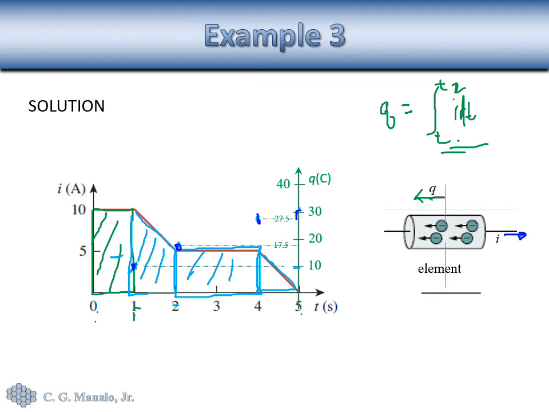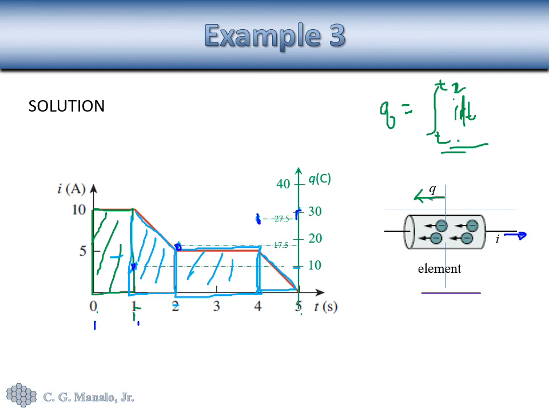Okay, so how do we plot this Q given these points that we have? So again, we observe the behavior of I. Let's say we start between 0 and 1 second. Here I is a constant. So that would simply mean that Q should be sloping with a constant value.